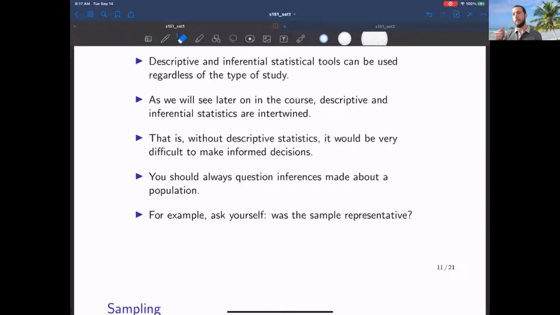Okay, and then we can also classify the study, so the experiment itself, as being an observational study or a designed experiment. And we can classify the study as being a descriptive study or an inferential study based off of the goal of the study. I said study a lot in that sentence.